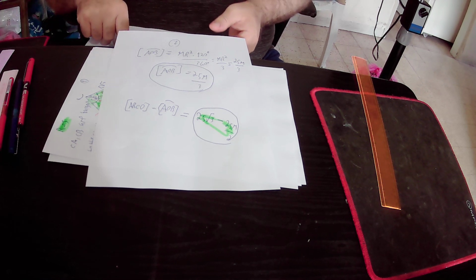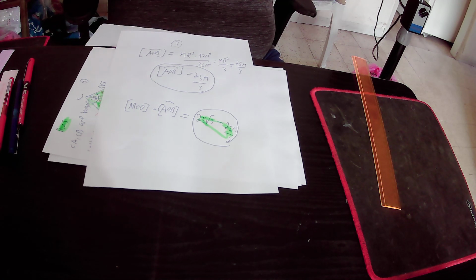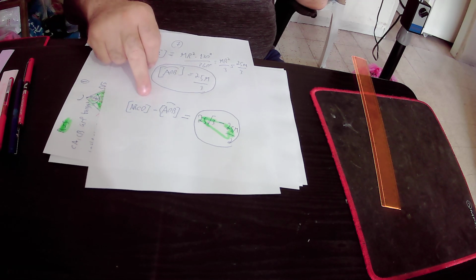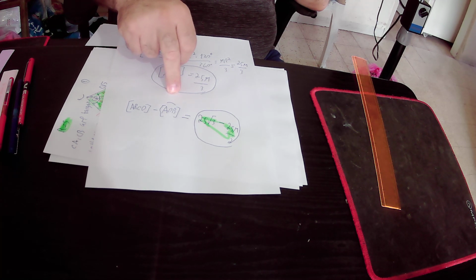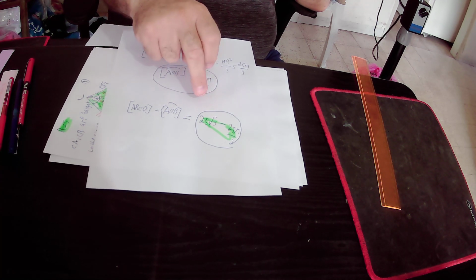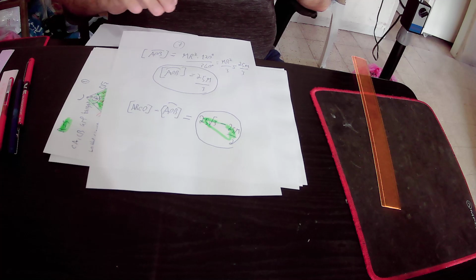Okay? Again, the area of the green shape equals the area of quadrilateral ABCO minus the area of sector AOB. That is to say, it equals 25 times root 3 minus 25 pi over 3 square units.